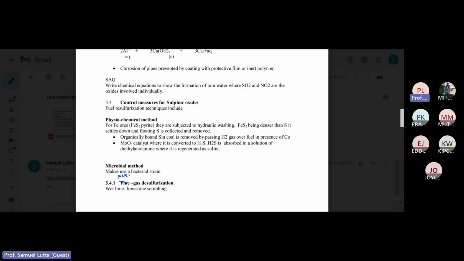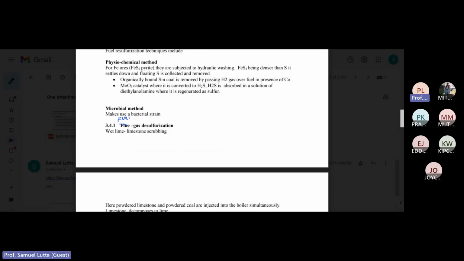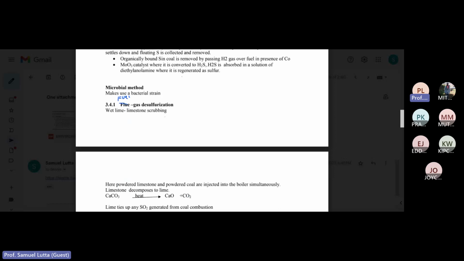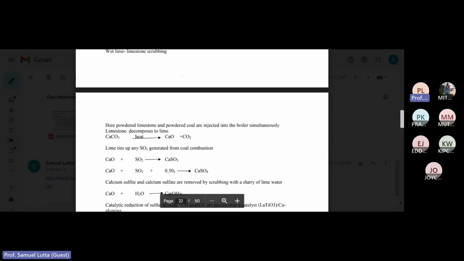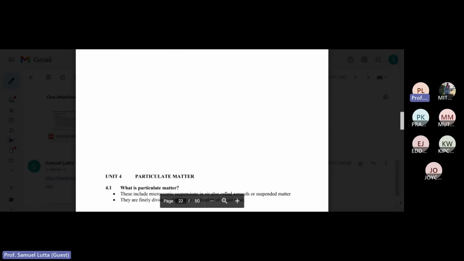The process is called the desulfurization technique. We use techniques that can be used to remove sulfur from the soil. I think a number of these methods have been given. And then we also say there are some bacteria that can actually break down compounds containing sulfur and form other compounds.